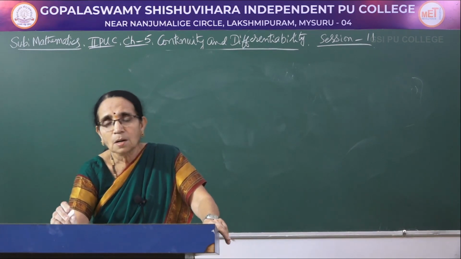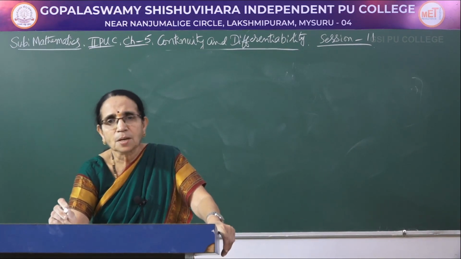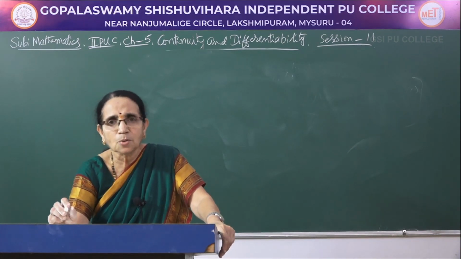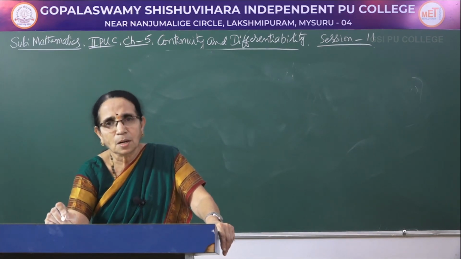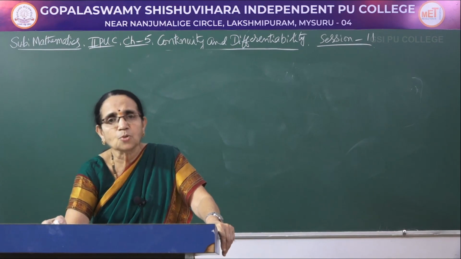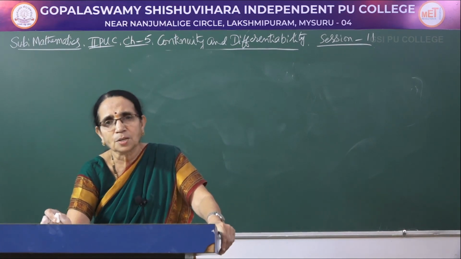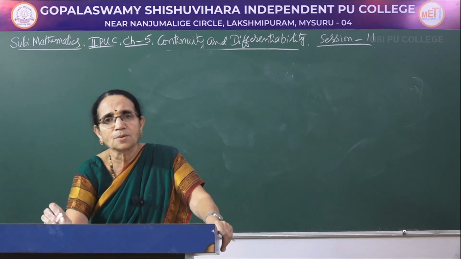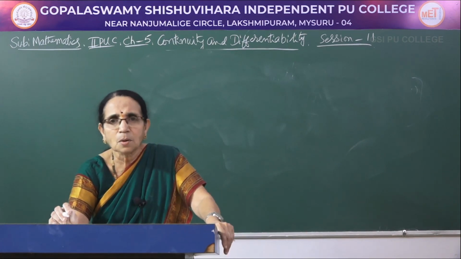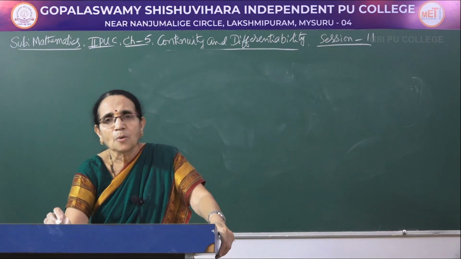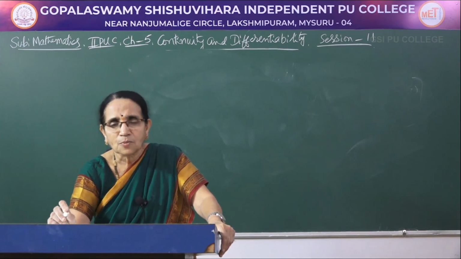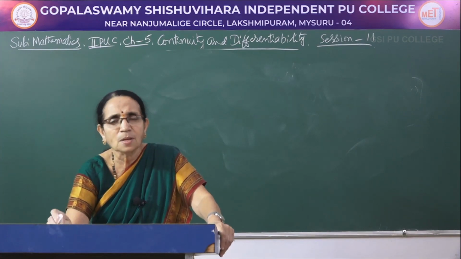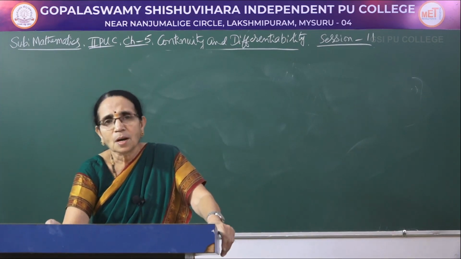When you take a general function f(x), f dash x would be limit h tending to 0 of f(x plus h) minus f(x), whole thing divided by h. As h tends to 0, if the limit on the right hand side exists, that is called the derivative or differential coefficient of y with respect to x. It is also denoted dy by dx, f dash x, y dash or y1. These are the other notations for the derivative.